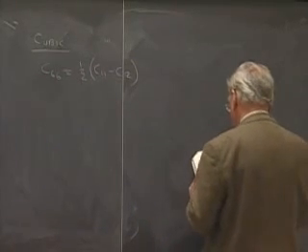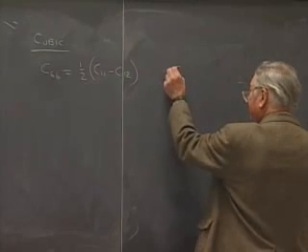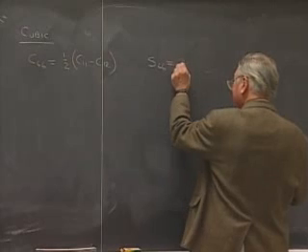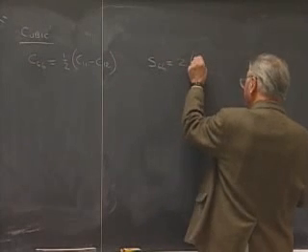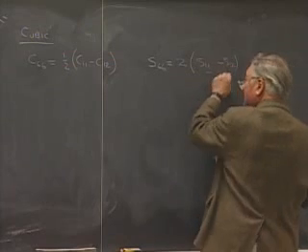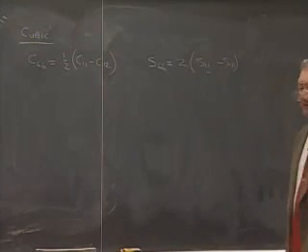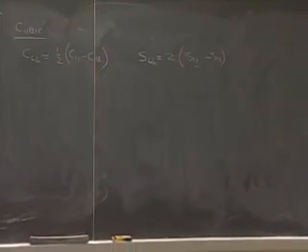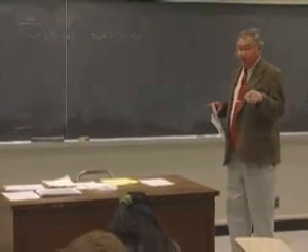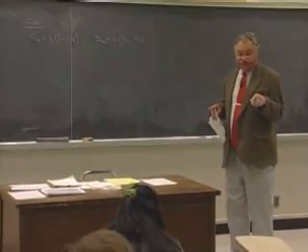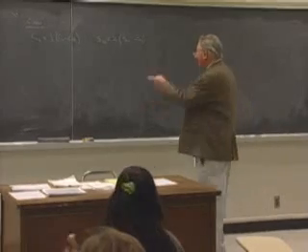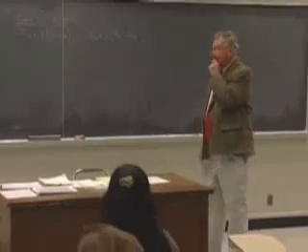For the compliances, however, we found that S66 had to be equal to 2 times S11 minus S12. Two very different equalities between tensor elements to make the elastic behavior be invariant to the symmetry transformations of a cubic crystal. How come? How come these are so different?